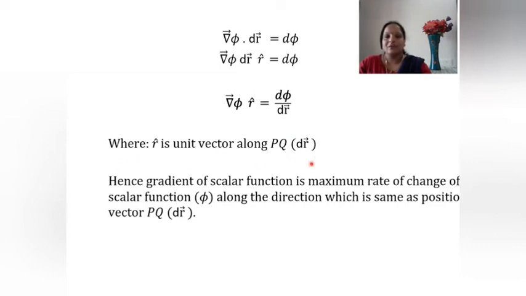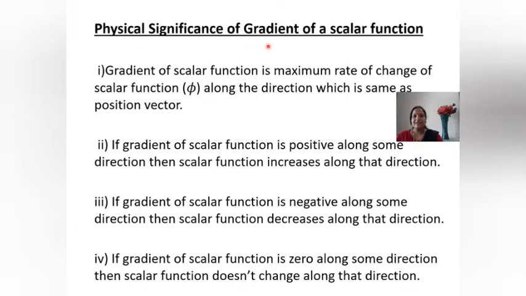Hence, it follows that the gradient of a scalar function is the maximum rate of change of the scalar function along the direction which is the same as the position vector dr. This is the physical interpretation of the gradient of a scalar function.